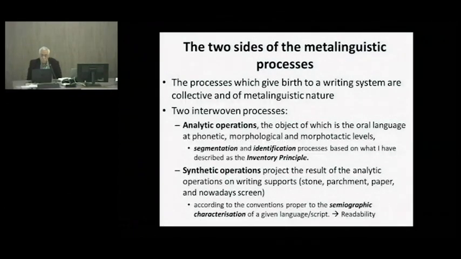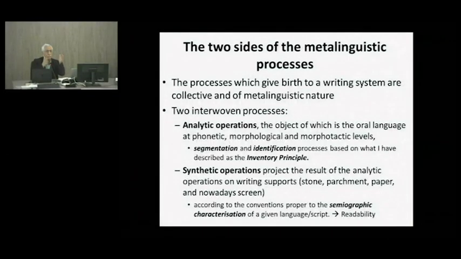The processes which give birth to writing systems are collective, of course, and they are of metalinguistic nature. To be very quick, there are 2 interwoven processes, analytic operations, the object of which is the oral language, at phonetic, morphological, morphotactic levels.